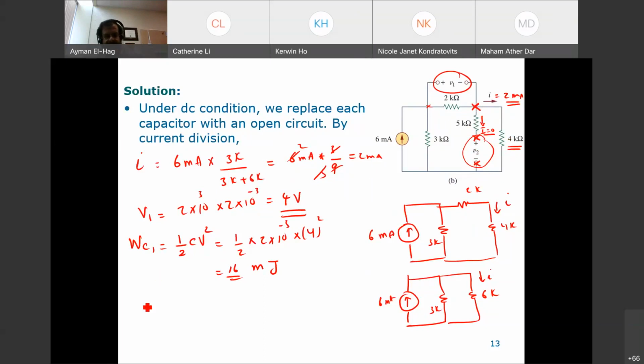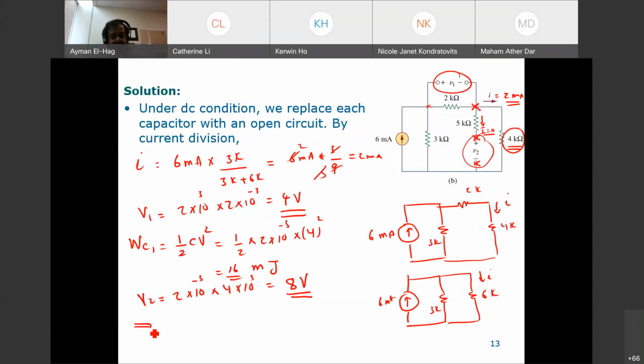So V2 is equal to the current, 2 times 10 to the minus 3, times 4 times 10 to the power 3, which is equal to 8 volt. This is the voltage across the 4 kilo ohm, which is the same as V2, because the voltage drop across the 5 kilo ohm is equal to 0.